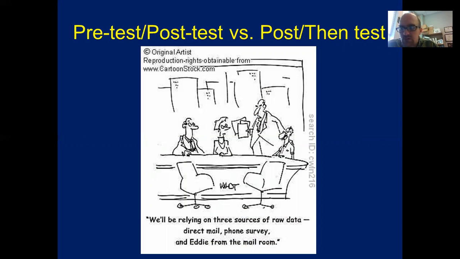So pre-test, post-test, you essentially give a group a survey before you do anything. You give them a survey, kind of get their information, a lot of times we're focusing on knowledge. So you want to see how they feel, what they know about certain things.